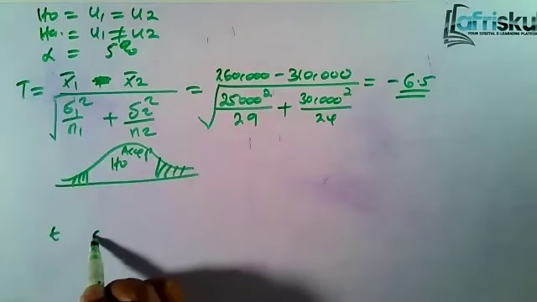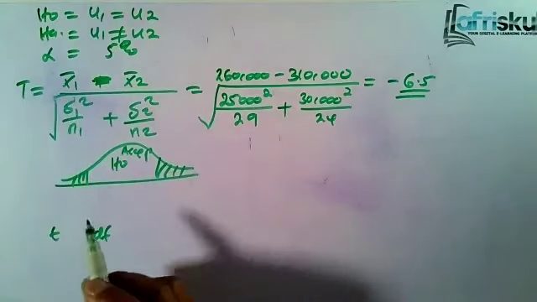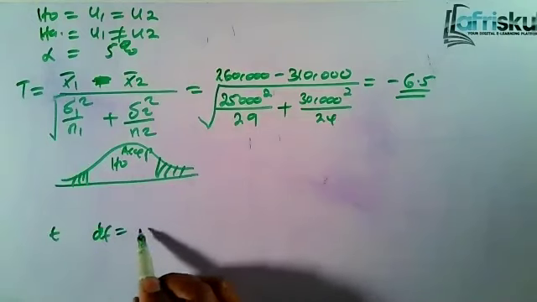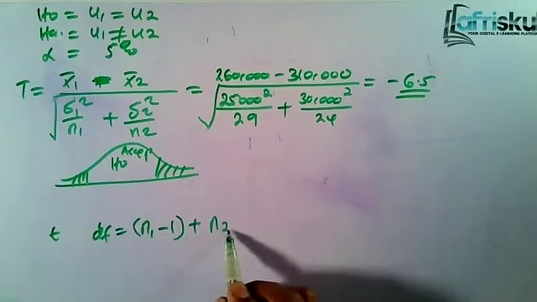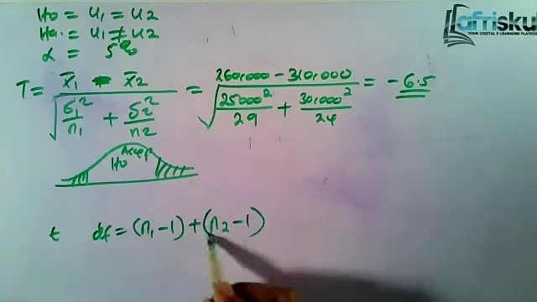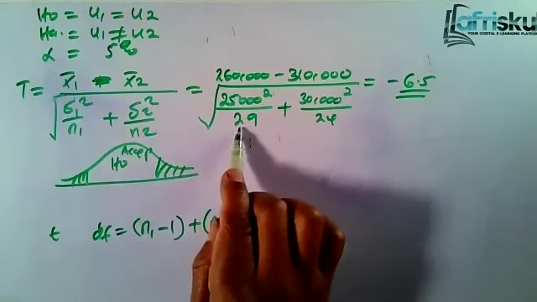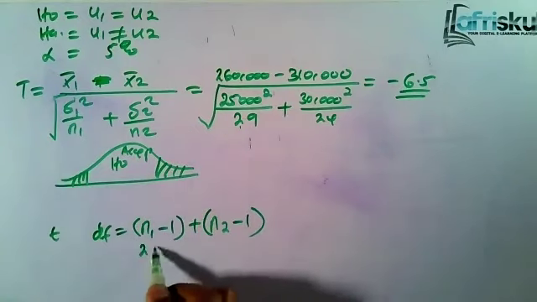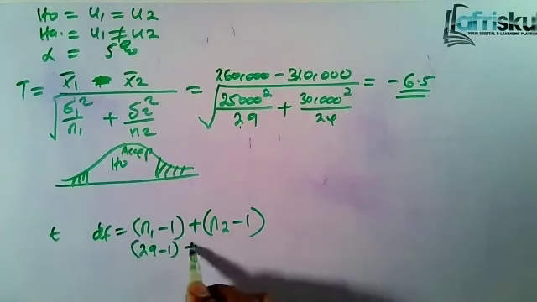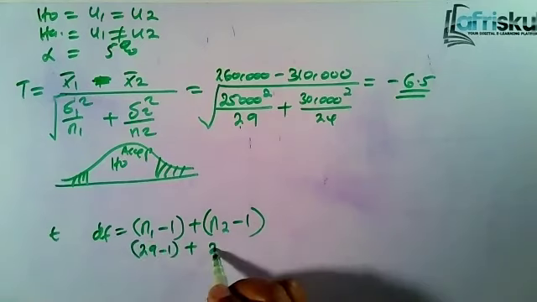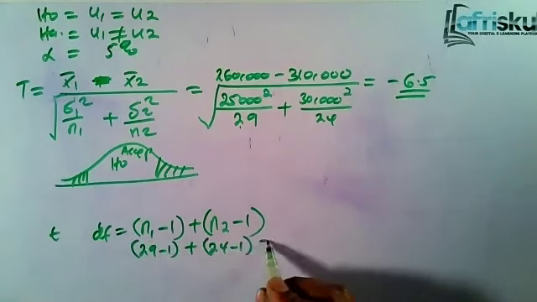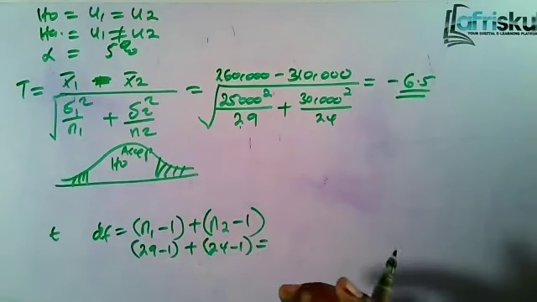Na tulisema, how do we get degrees of freedom if we have two means? It's N1 minus 1 plus N2 minus 1. So N1 ilikuwa 29, so it's 29 minus 1 plus N2 ilikuwa 24 minus 1. So this is when you have two samples.